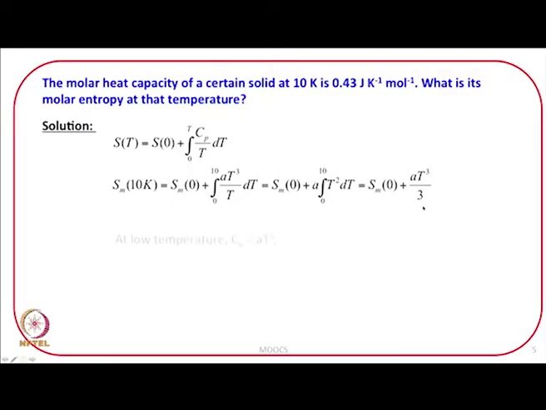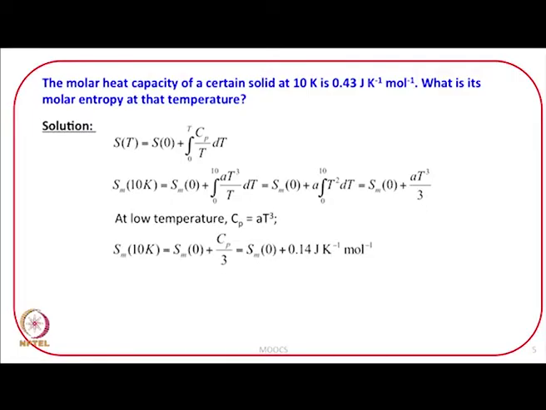Instead of A T cube, let us write Cp, and you substitute the value of Cp, which is given to us as 0.43 joules per Kelvin per mole. The answer comes out to be 0.14 joules per Kelvin per mole. So, molar entropy at 10 Kelvin is equal to molar entropy at 0 plus 0.14 joules per Kelvin per mole.